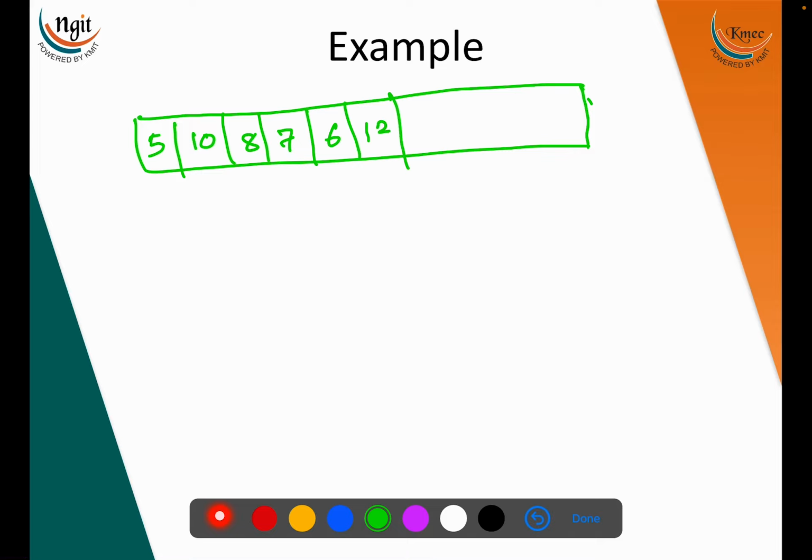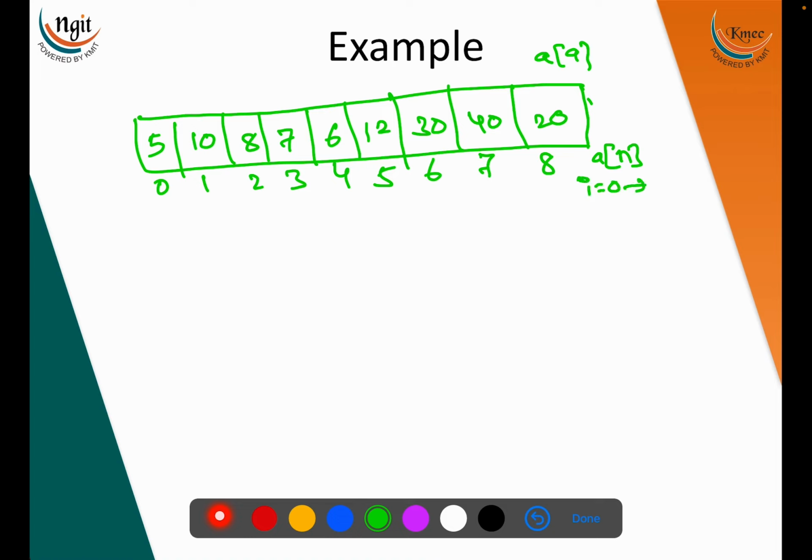The list can be anything. Indexes are 0, 1, 2, 3, 4, 5, 6, 7, 8. So 8 means my array size is 9. If you are taking a of n which starts with i equal to 0, your last index will be n minus 1. If the index starts with 1, you will go till n.